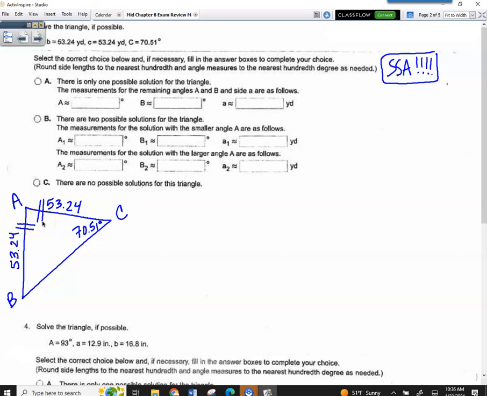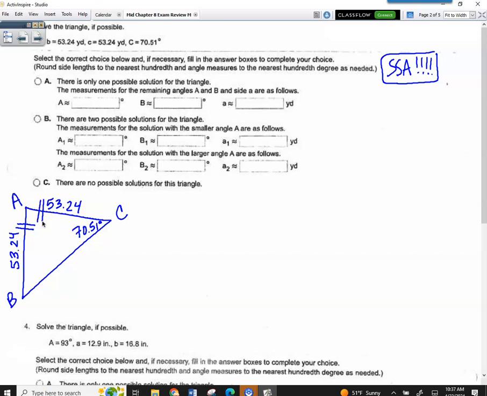Now if you don't pick up on that, it's not going to change how you solve it. But if you pick up on it, just look up. And that's if you remember from geometry. You remember when you have an isosceles triangle, what else is congruent in there?